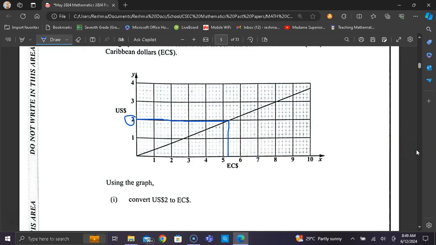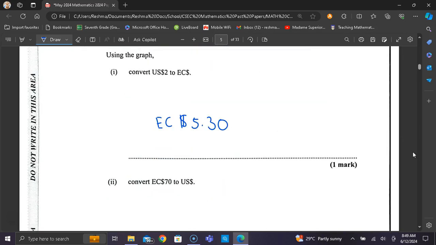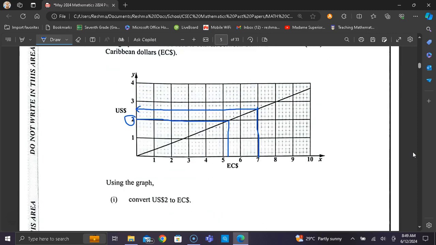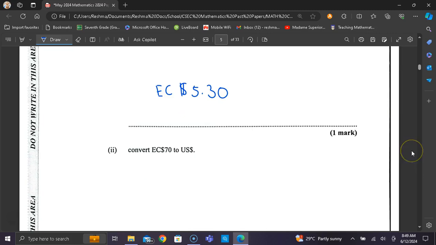So if I go up from the x-axis up to meet the line and then go across, that will give us the equivalent for 7 EC dollars. And I'm going to just multiply that value by 10 because we wanted to convert 70 EC to US. Okay, so 7 EC is equivalent to, that looks like 2.2, 2.4, 2.6 US dollars.